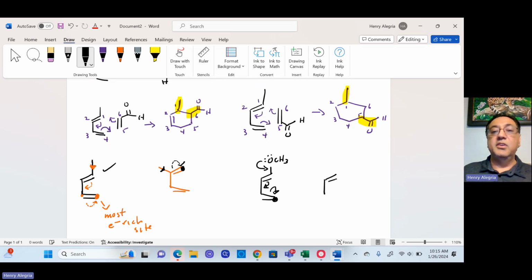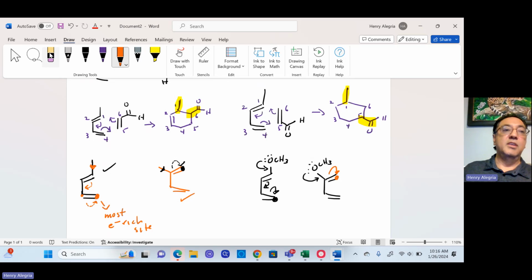And it might be easier to see in the second case. If I have a methoxy here, and the oxygen moves electrons this way by resonance, remember in resonance, you cannot move sigma electrons, which is why you cannot break that bond. That is not allowed. So the only way you can accommodate that is by these pi electrons moving here. And that is going to be your most electron-rich site, which is what we're seeing here.